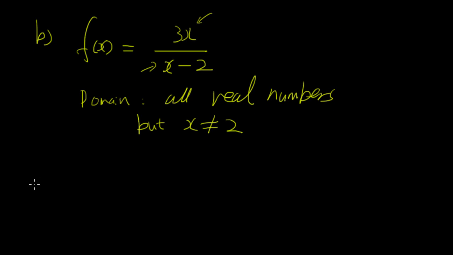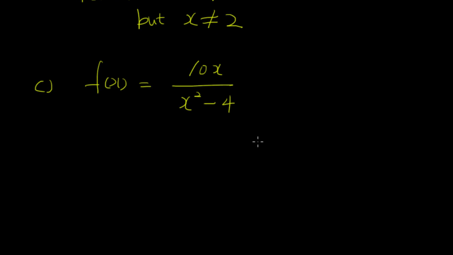All right, same kind. Let's say f of x equal 10x over x squared minus 4. If you have a question like this, there are really two things that you have to be careful with in this domain question.